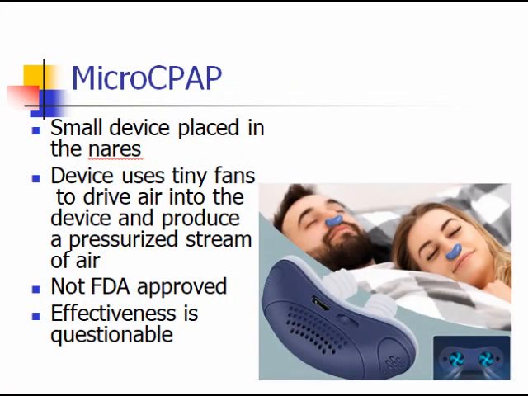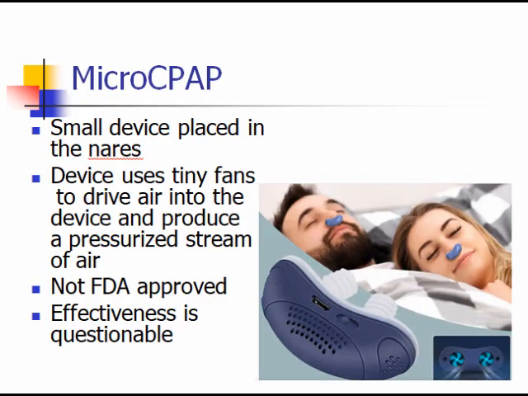There are a lot of things on the market for CPAP, and most of those things that you see on Amazon or other places are of questionable value. And this is the one that I'm going to bring up now, is called a micro CPAP device. It's a small device that's placed in the nares.